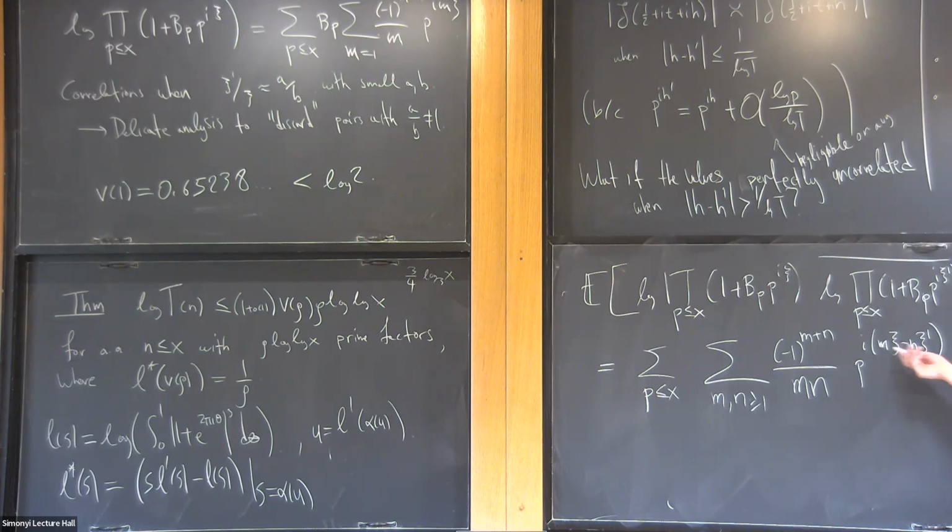If you happen to choose m and n so that this becomes basically 0, you're going to get diagonal, perfect variance, perfect correlation. But you have this factor, 1 over mn. So all those terms with small denominators are part of just the diagonal variance main term. Exactly. Yes, it's sort of a diagonal. Okay.